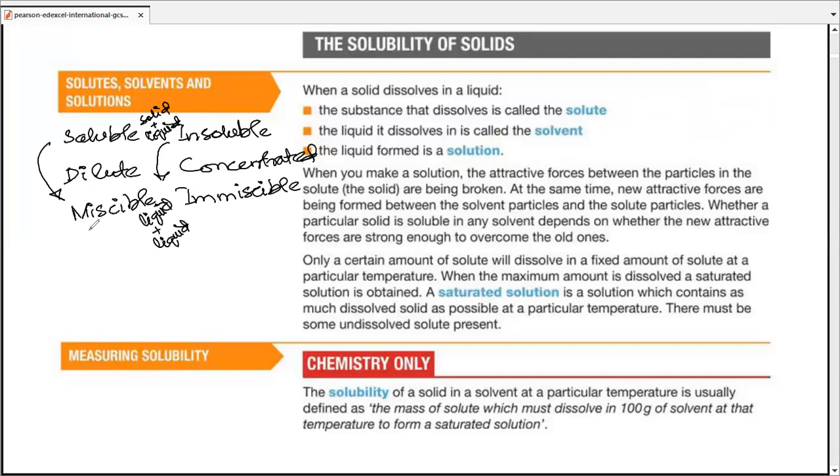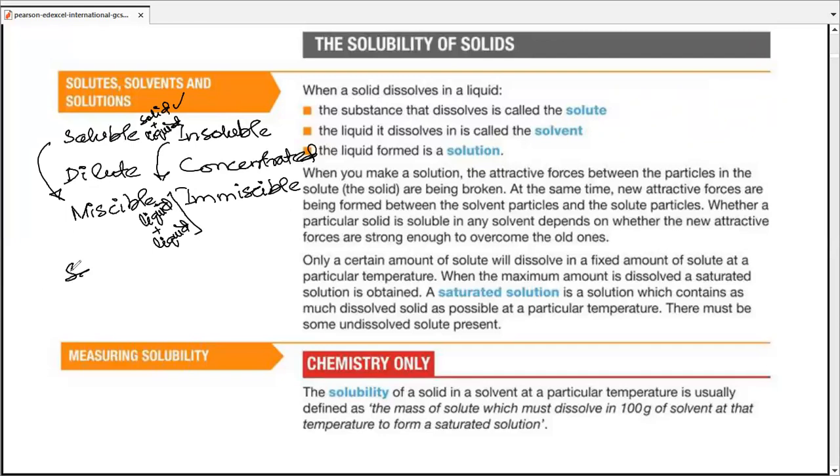So miscible is when you can mix liquid and liquid, and immiscible is when you cannot mix two liquids. Remember, the difference between soluble and miscible is that a solid is involved in soluble, but it is made up of both liquids in the case of miscible. All right? Okay, good.